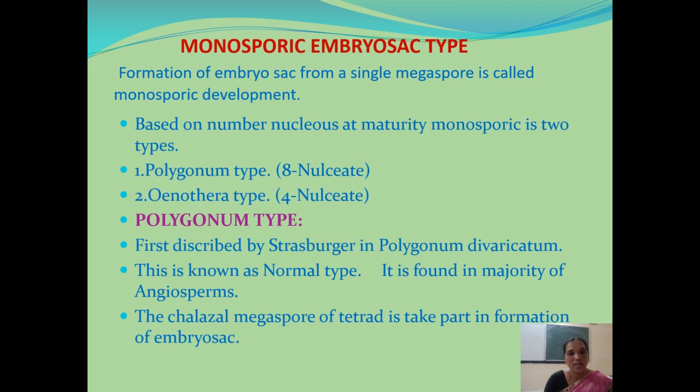Let us see the example of polygonum type development. Polygonum type of development was first described by Strasburger in Polygonum divaricatum. This is also known as the normal type. It is found in the majority of angiosperms. In this type, the chalazal megaspore of the tetrad takes part in the formation of the embryo sac.